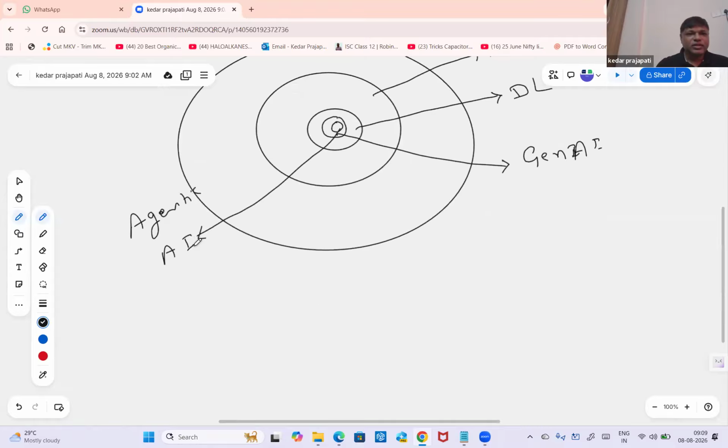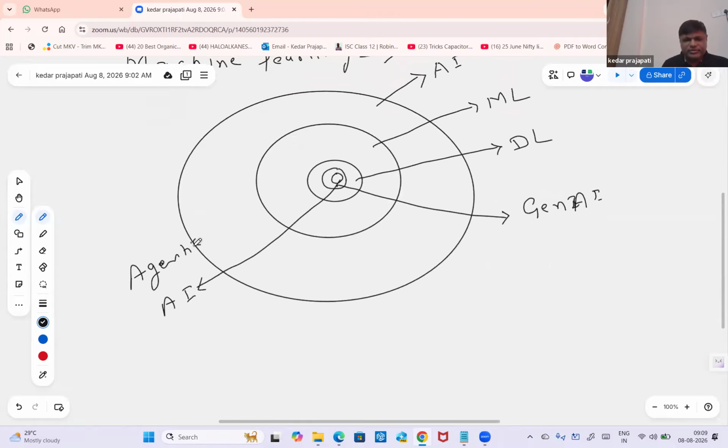So if you look at this circle, what is the AI? So let us come to AI. So basically AI is everything. This complete thing is AI. Then we have machine learning. Then we have deep learning.